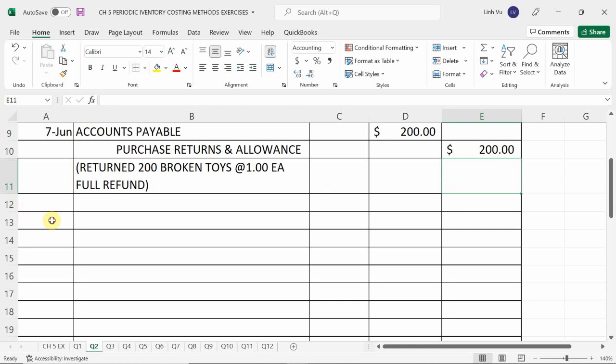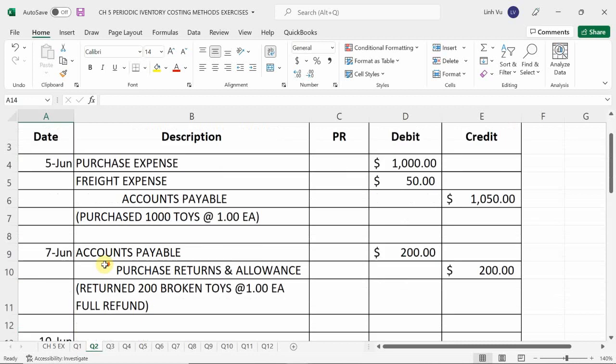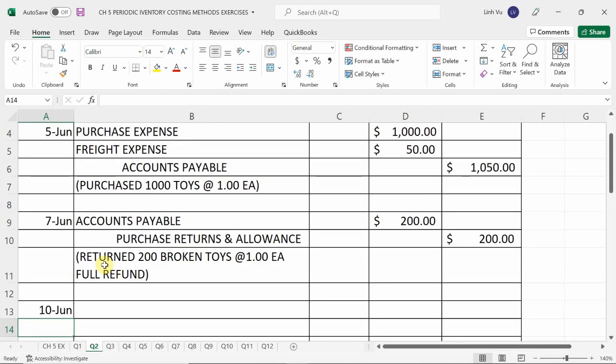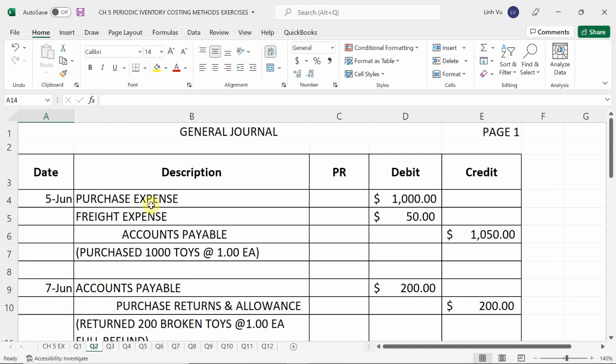So it's June 10. How do we journalize purchasing of inventory? Purchase expense. Good. So here, purchase expense, freight expense, and however we paid for it.